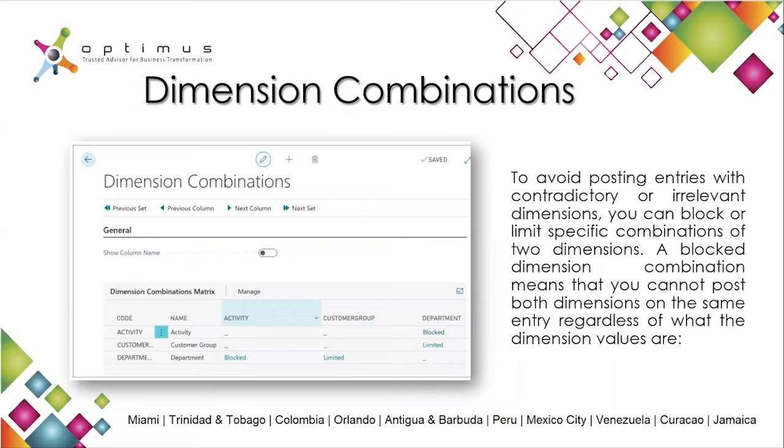But why is this necessary to understand? Because we sometimes need to block combinations. We don't want to post, for instance, combinations of dimensions that never work together. If I create a store, keep in mind the retail idea: you have your store, you sell, right?